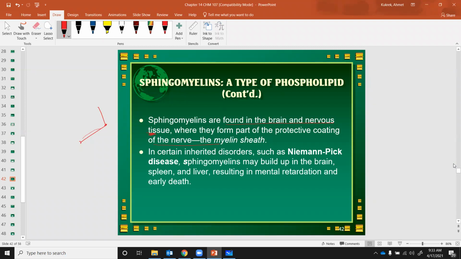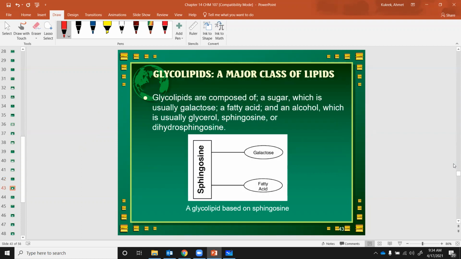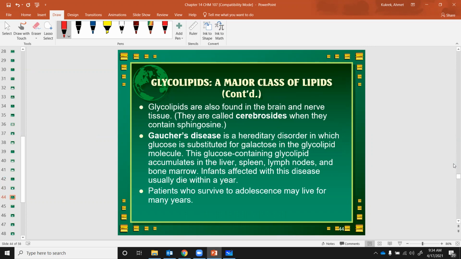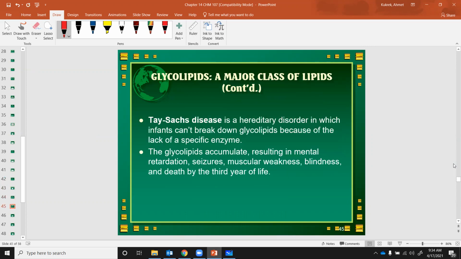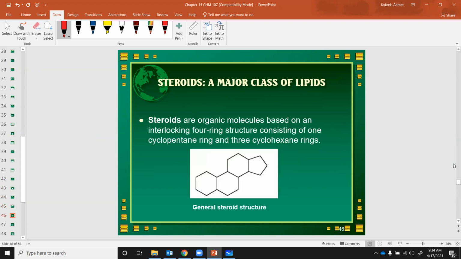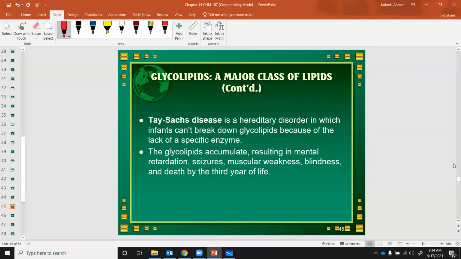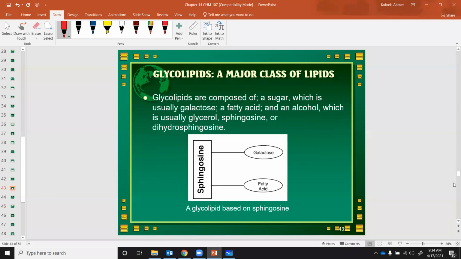And we have a condition if you have too much sphingomyelin build up in the brain. That's another one. And again, glycolipids is seen. These are some of the information, and you don't have to worry about these diseases, by the way. I'm not going to be asking. Okay.